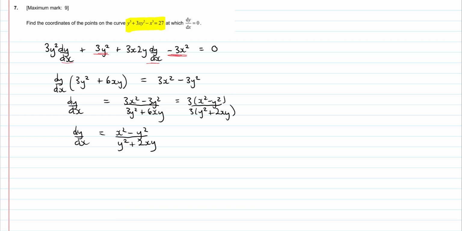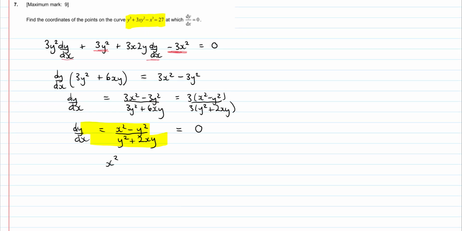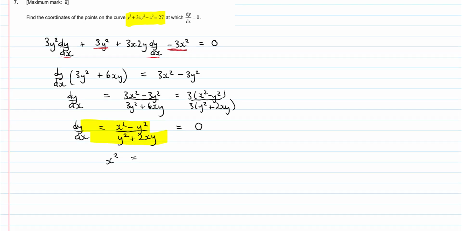So the question is asking us to find the coordinates of the points on the curve at which dy by dx is equal to 0. So we'll set this expression that we've got equal to 0 and go from there. We now get x squared minus y squared is equal to 0, just multiplying both sides by that denominator, y squared plus 2xy.